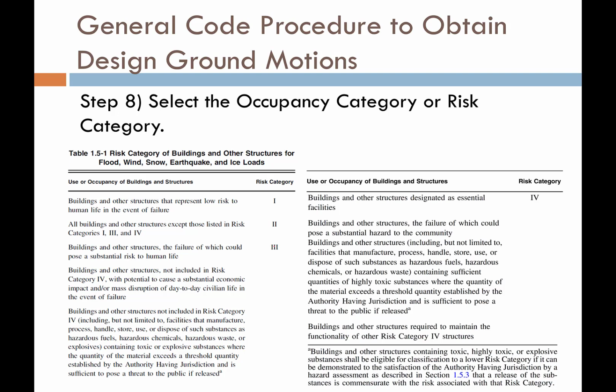Now, contrast that with a risk category 4. This is something that is deemed an essential facility for society. Things that are essential facilities might include, but are not limited to, and notice everything here has to do with hazardous substances, right?